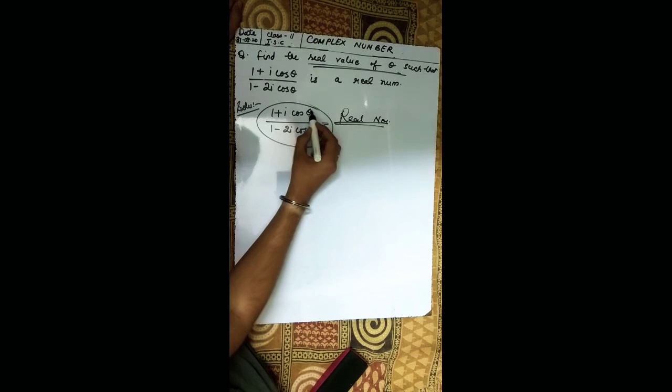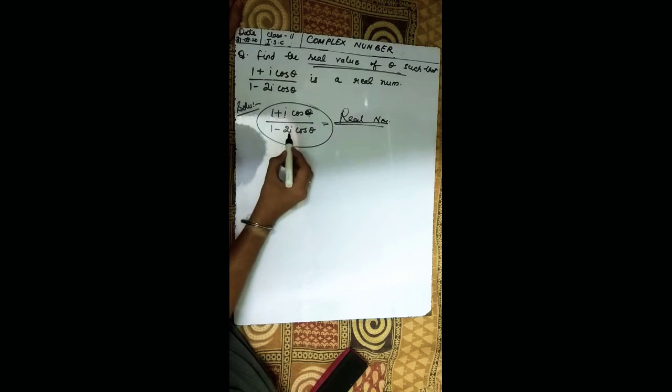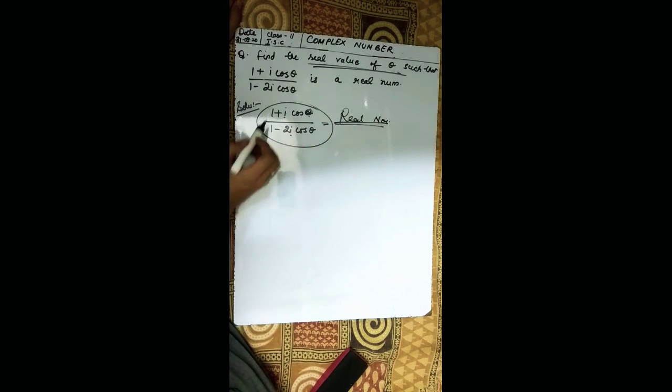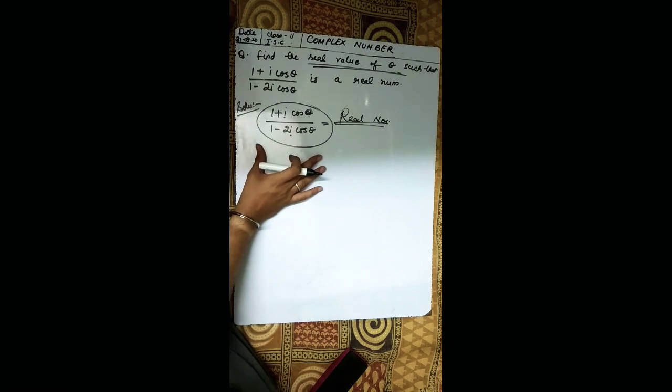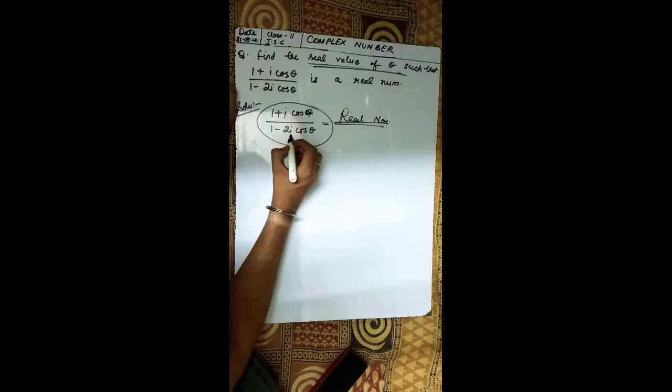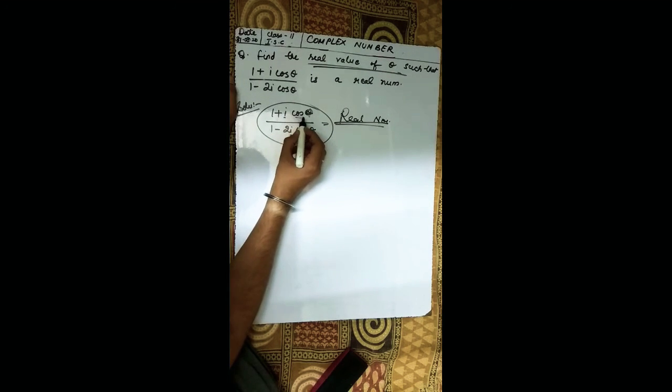That means we need to put such a value of theta here so that this i and this i should be removed and we only get the real number. As we see in this question, you have this i and this i with cos theta and cos theta.